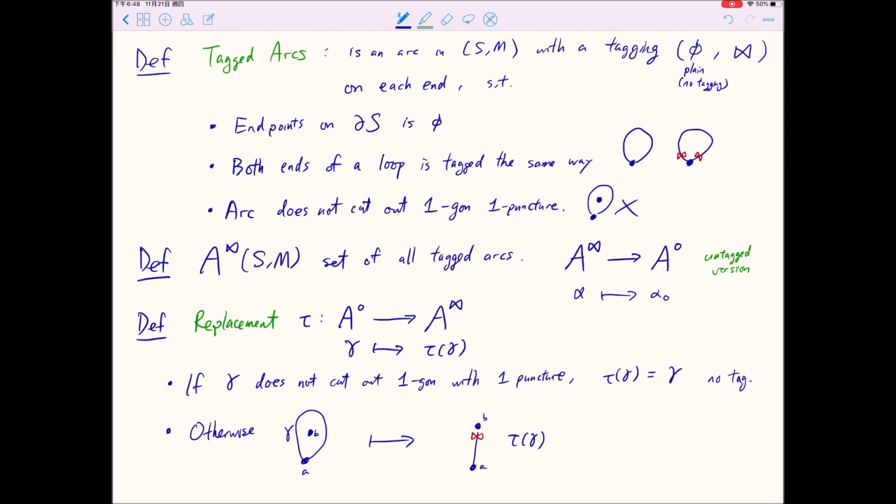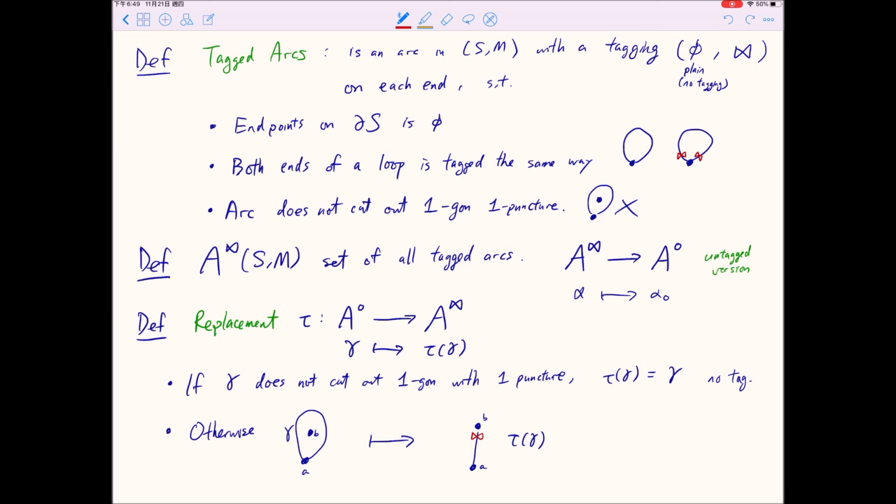So basically we replace all the triangulations with one puncture and one-gon into some tagged version. And this will allow us to do flipping of this edge, because now it will look something like this, and we can introduce the tag flipping to resolve the self-folded triangles.